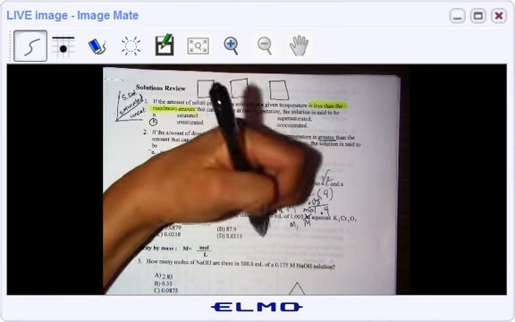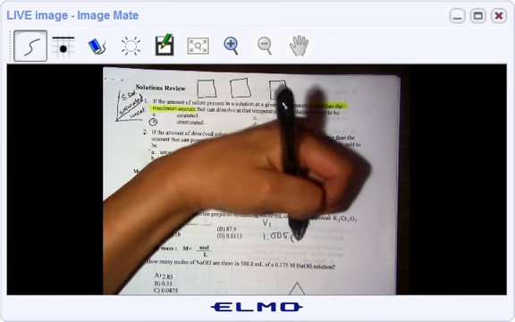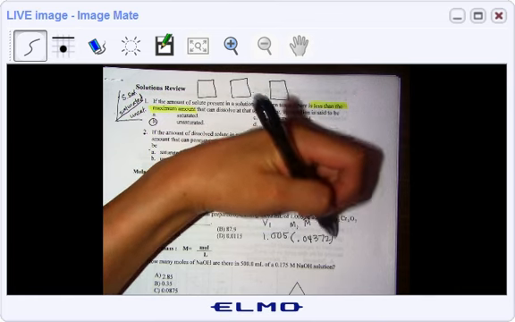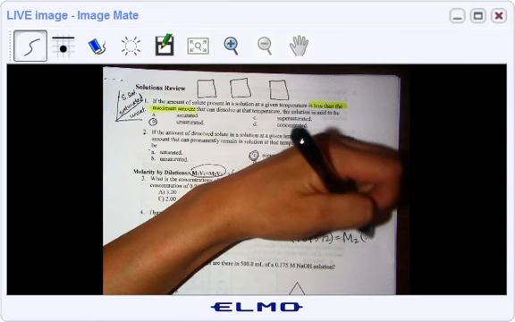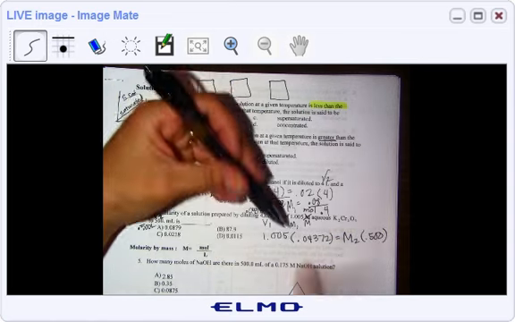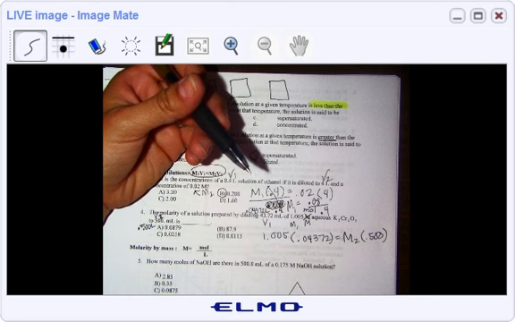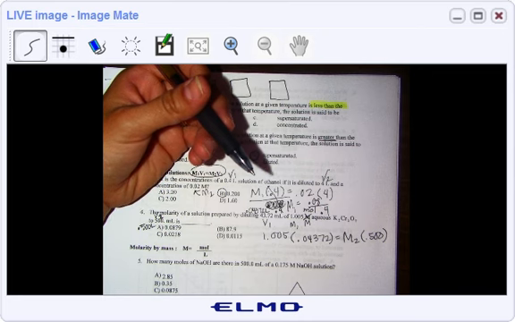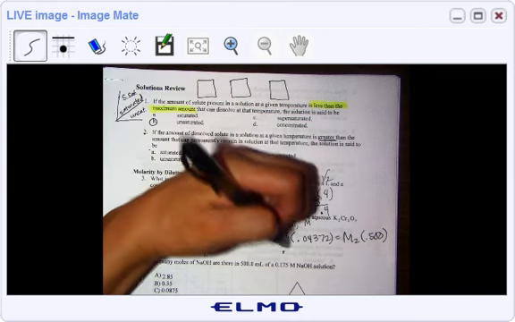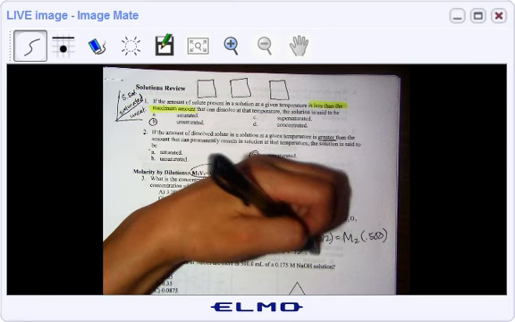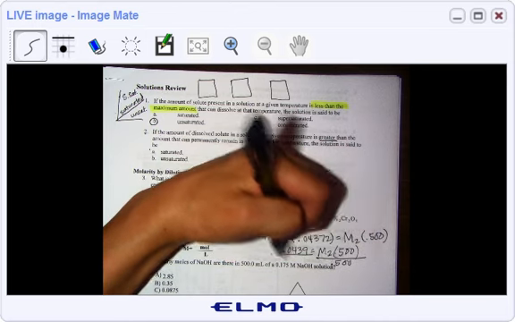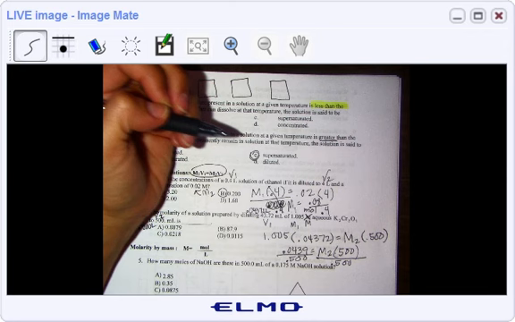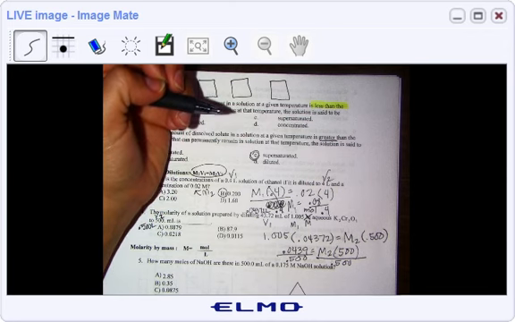My M1, V1... I'm going to multiply these two first. 0.0878.